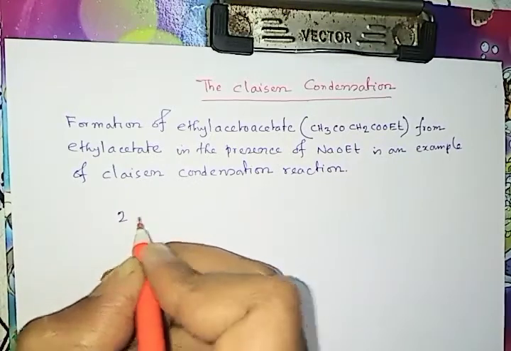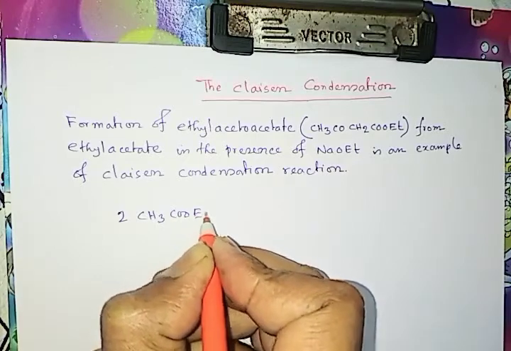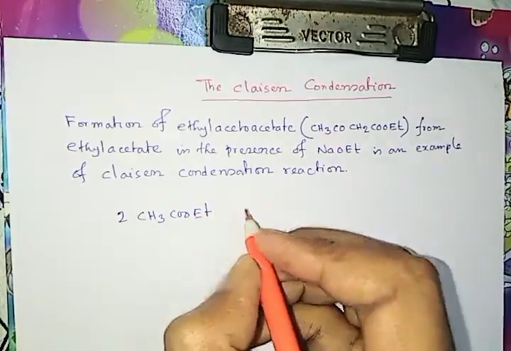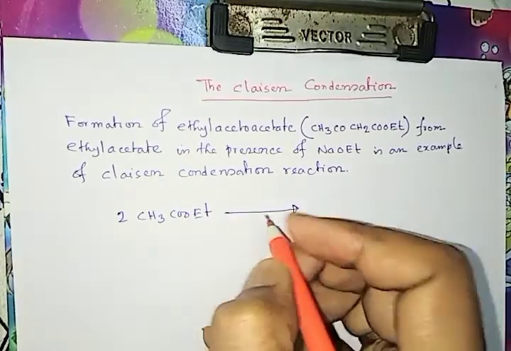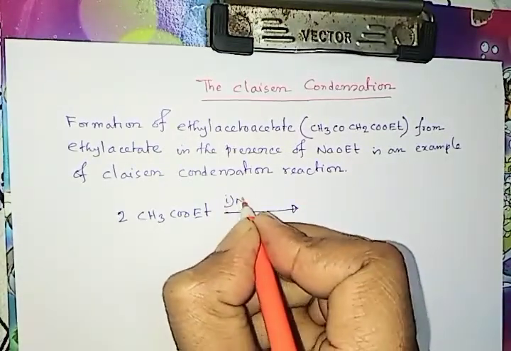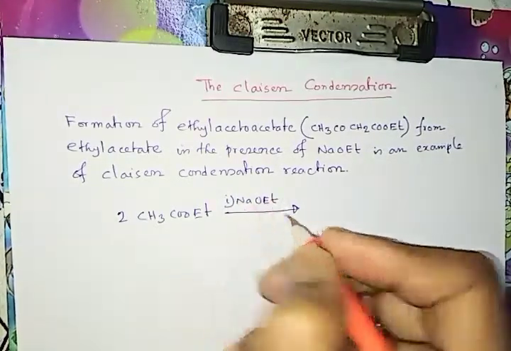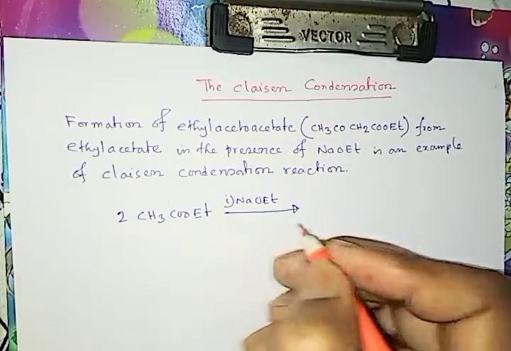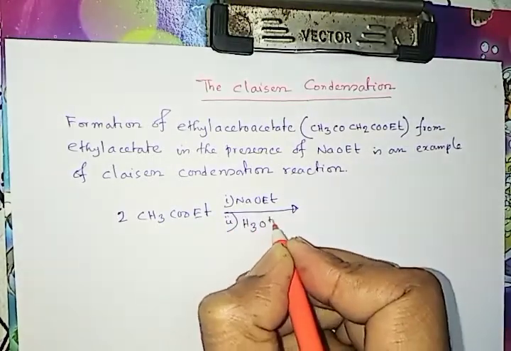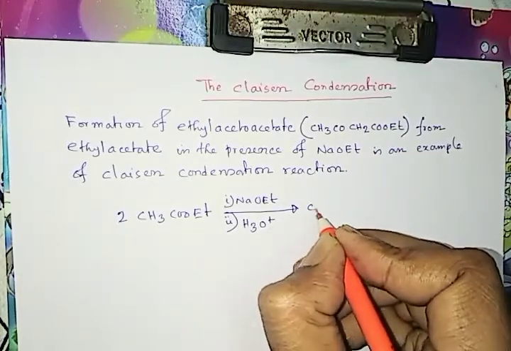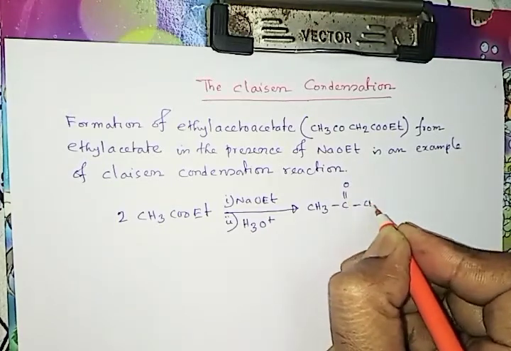Here, two molecules of ethyl acetate react in the presence of sodium ethoxide, and in the second step acidic workup provides ethyl acetoacetate.